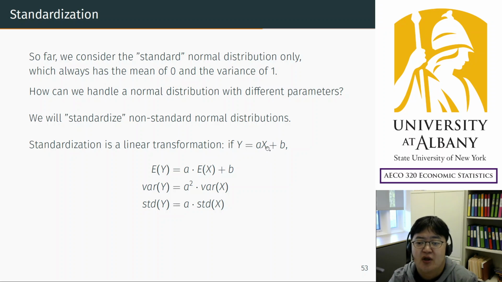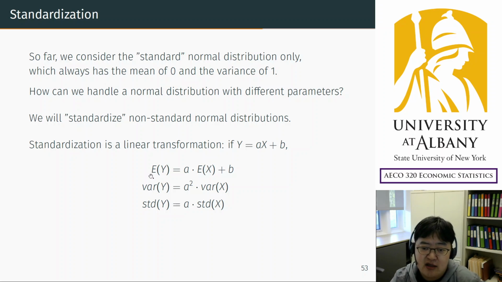That means you only multiply something and add something. So as long as the original random variable is linearly transformed, then we know how the mean and variance of the new random variable are determined.